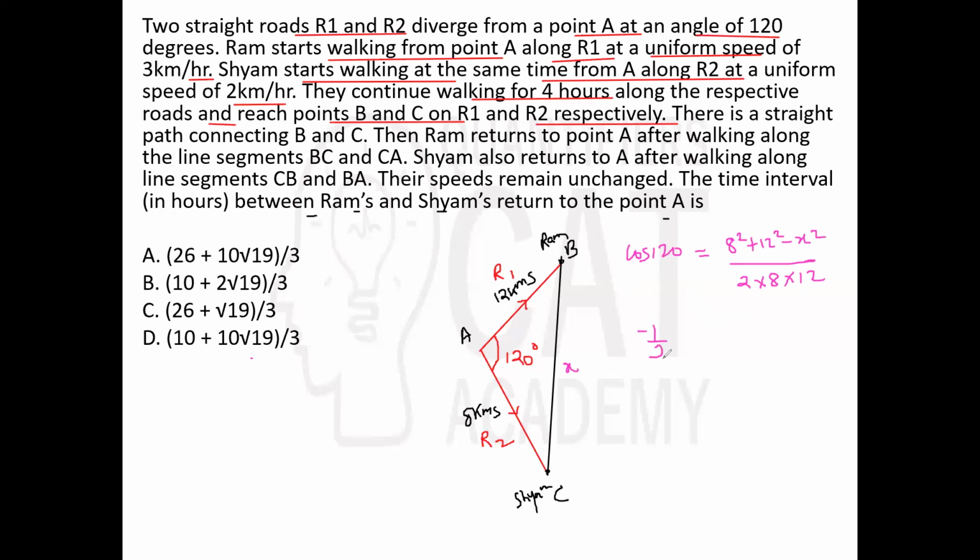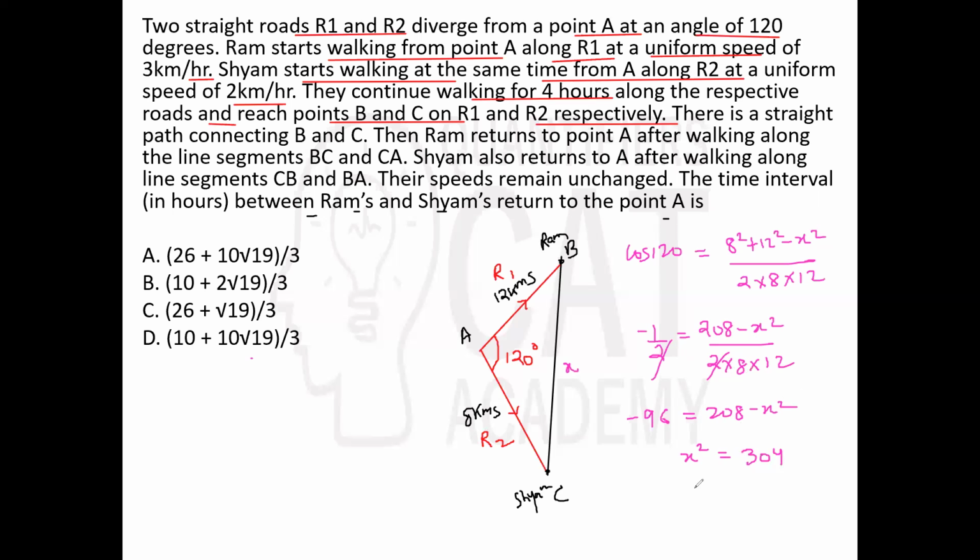So we'll get minus 1 by 2 equal to 8 square plus 12 square, 64 and 144, that is 208, minus x square, divided by 2 into 8 into 12. See, the 2 and 2 will cancel. 8 into 12 is 96. We multiply 96 with minus 1. So minus 96 is equal to 208 minus x square. Okay, so from here we'll get x square equal to 208 plus 96, which comes out to be 304.